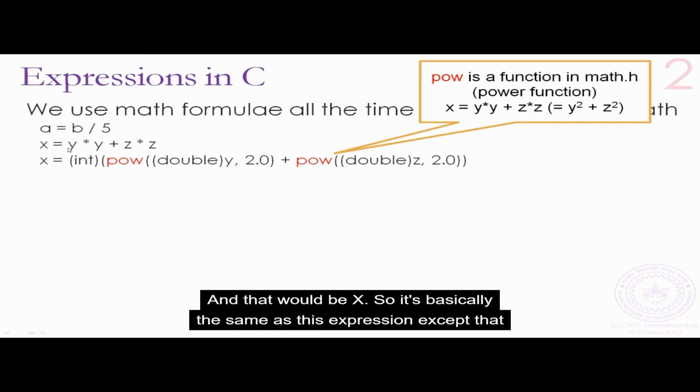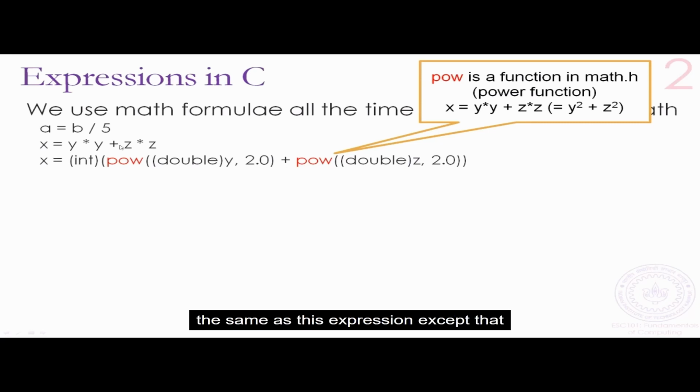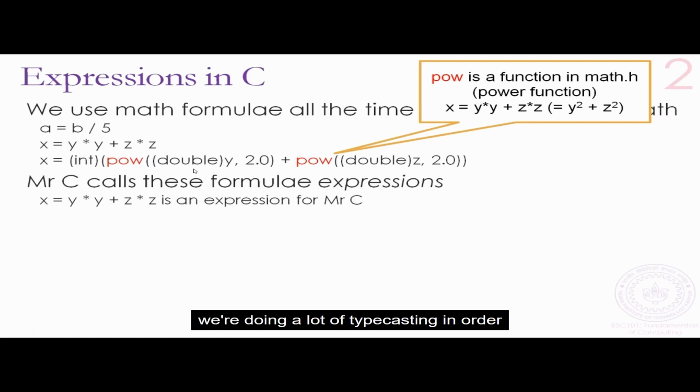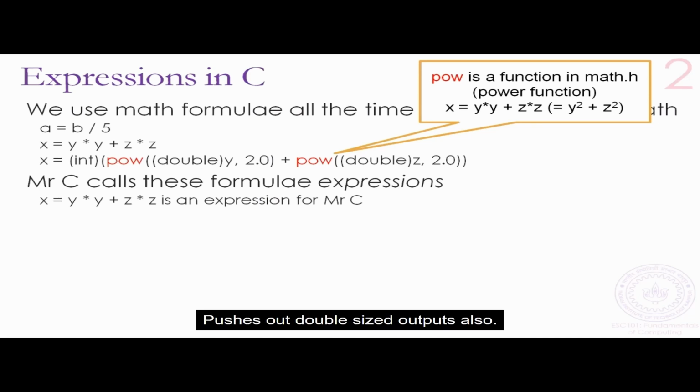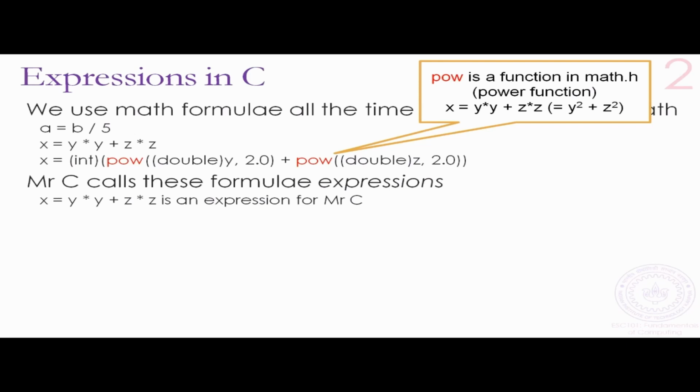So it's basically the same as this expression, except that we're doing a lot of typecasting in order to be able to use the power function, because the power function takes double-sized variables as inputs and pushes out double-sized outputs also.